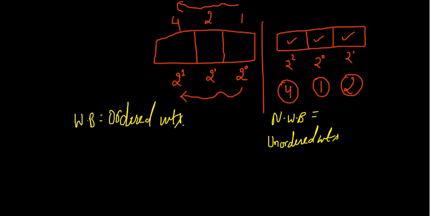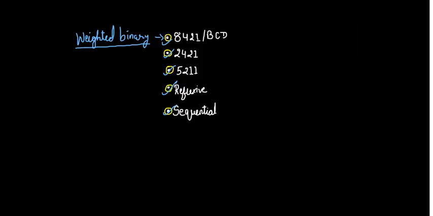Now let's proceed to the thing that we have started in the weighted binary form. So in the weighted binary form, we are going to learn all these things. To understand it one after another, let's start with the first one, which is 8421 or BCD. Well, BCD simply means binary coded decimal, you may say to remember it.